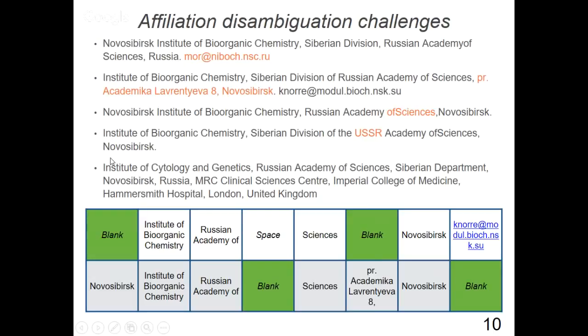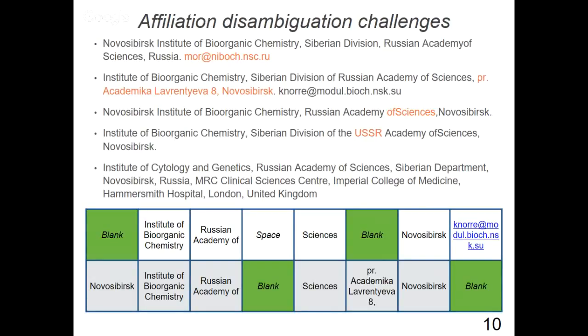And moreover, sometimes affiliations are mixed. If you have, for example, two co-authors of one paper, you may have Institute of Cytology and Genetics and MRC Clinical Science Center in one affiliation. So we should also somehow split them to understand which institutions worked on the paper.